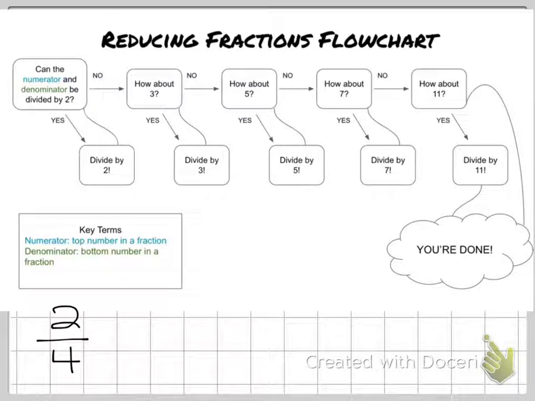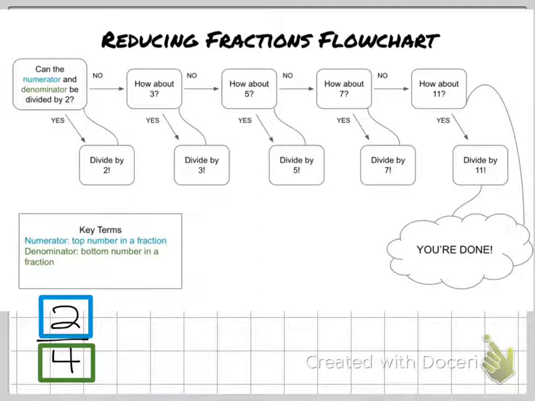So when I want to use this super handy flow chart, which I promise will make a lot of your lives much easier, and you should always use it, I have to ask myself, can the numerator, which is boxed in blue, and the denominator, which is boxed in green, be divided by 2?